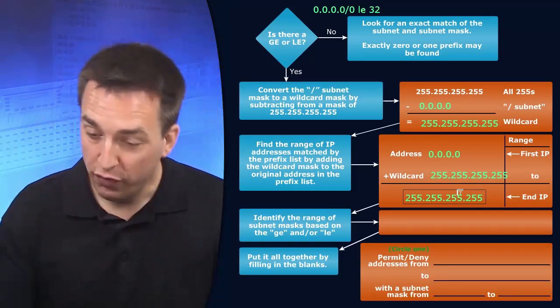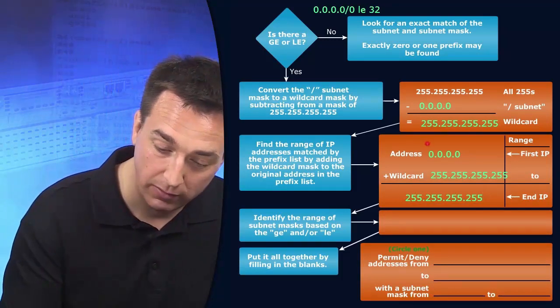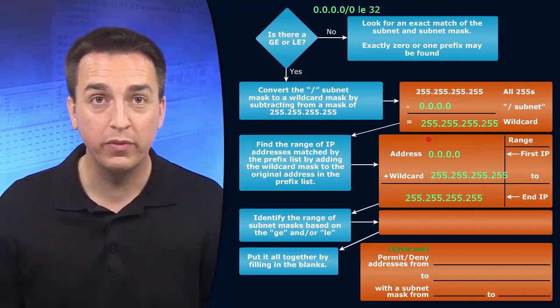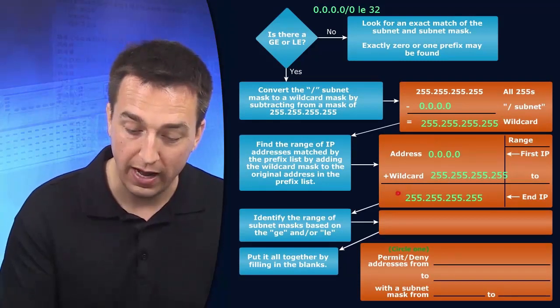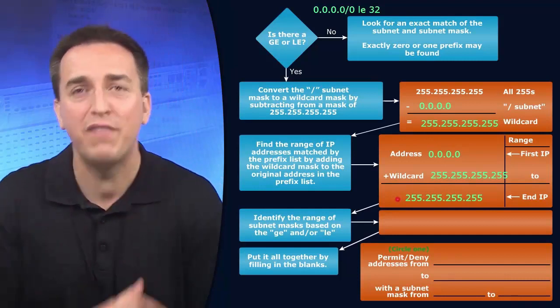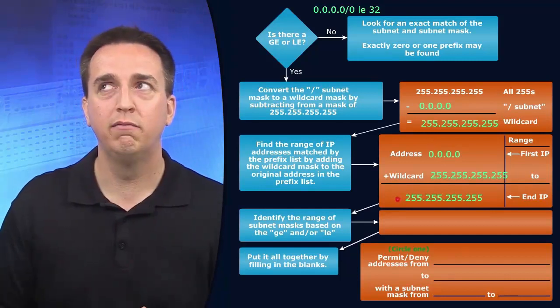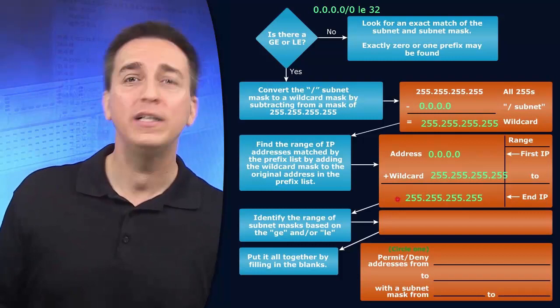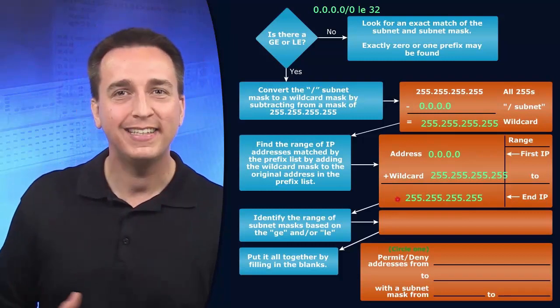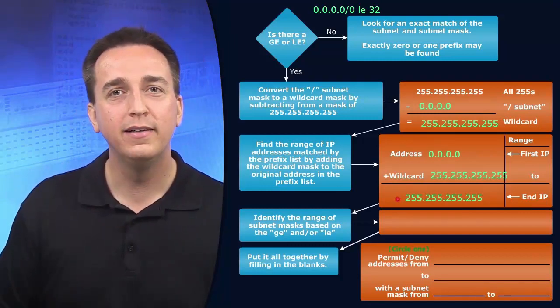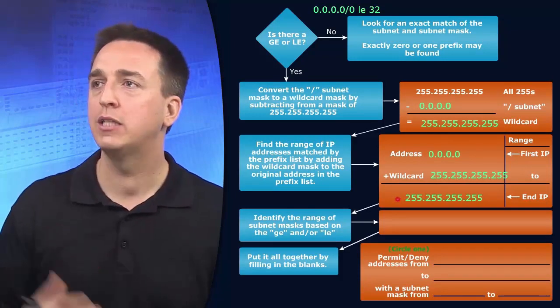Here's the range. The range is from 0.0.0.0 to 255.255.255.255. That's every single address, every single possible route.